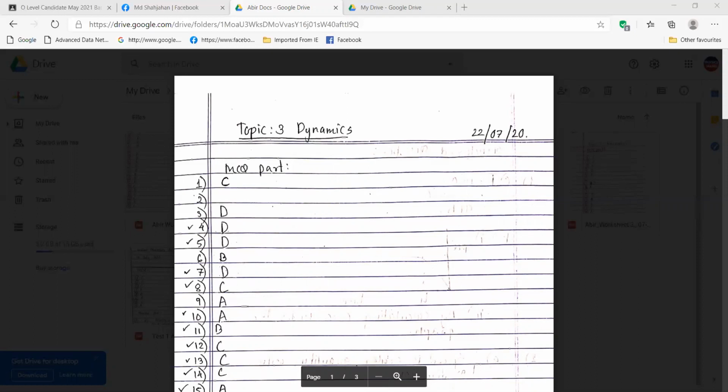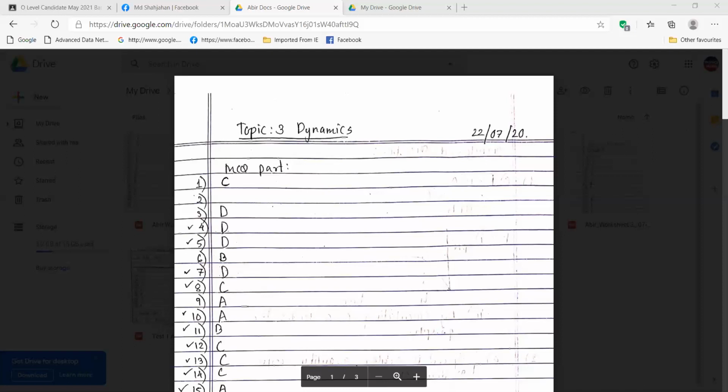MCQ 1 is C. Cross. Then MCQ 2, I didn't write anything, I couldn't solve it. Okay, you give the question mark. Then 3B, D, Dhaka.